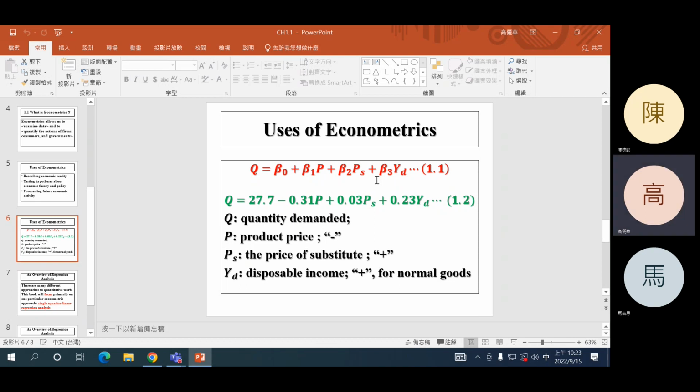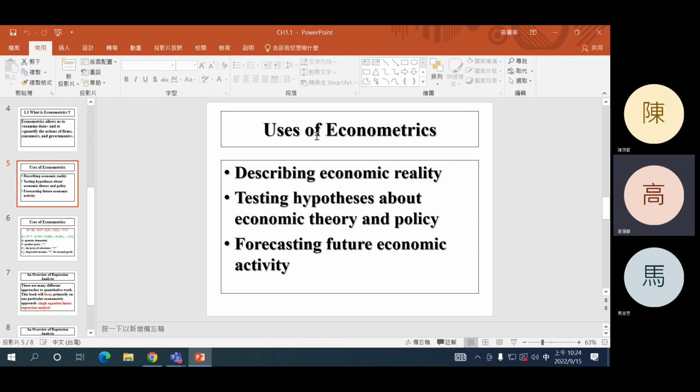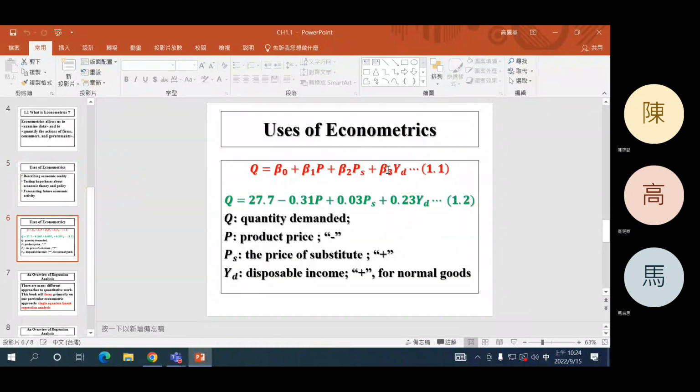All right, so this is what we call the first use of econometrics: describing economic reality. So I'm using this relationship. This is usually called a regression function, but this is a very simple one.